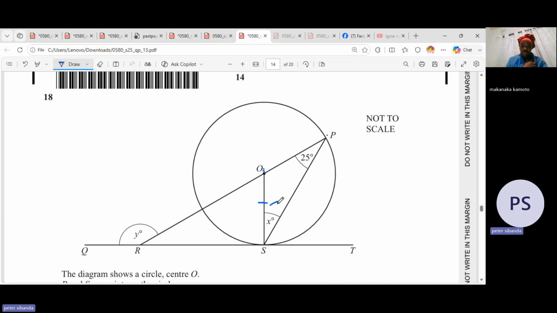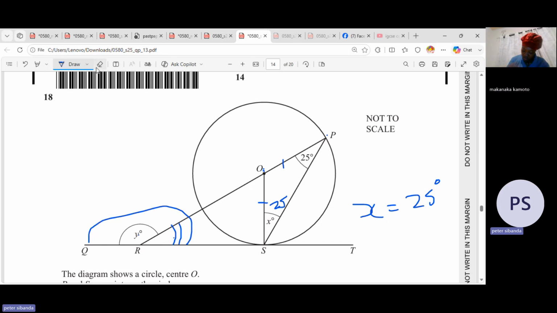Exactly, because these angles are supposed to be equal, since this side and this side are equal. So x equals 25, easy. We are supposed to find y as well. Without rushing to y, it would be easy to find if we get this, because this plus y must make 180.